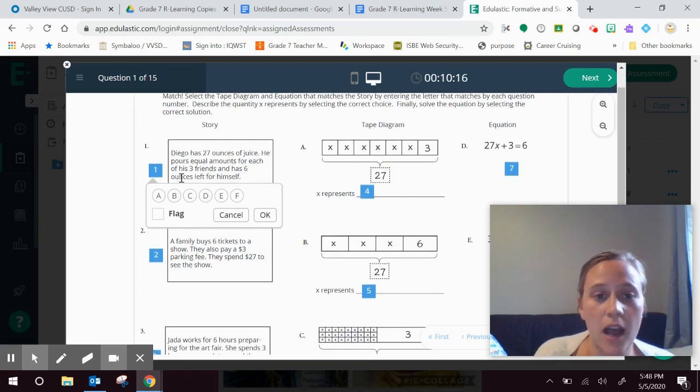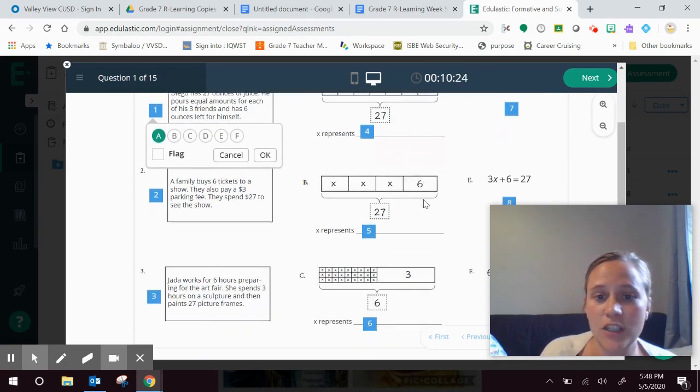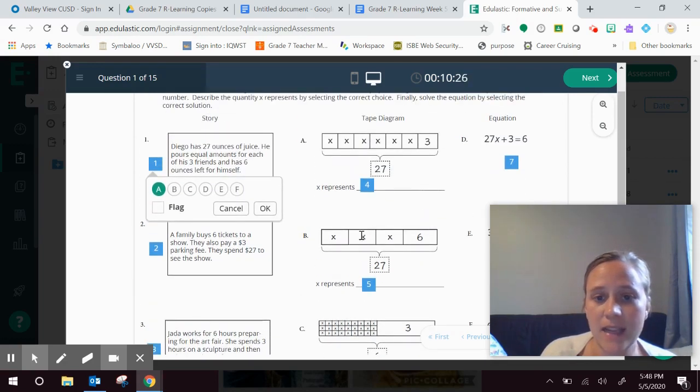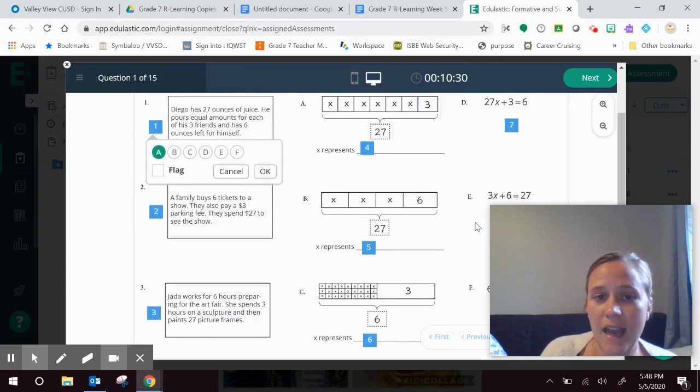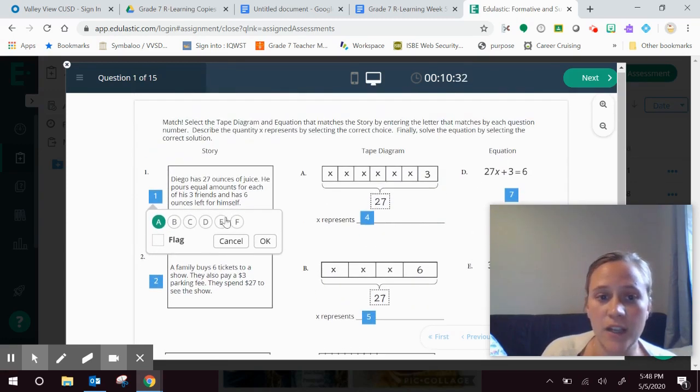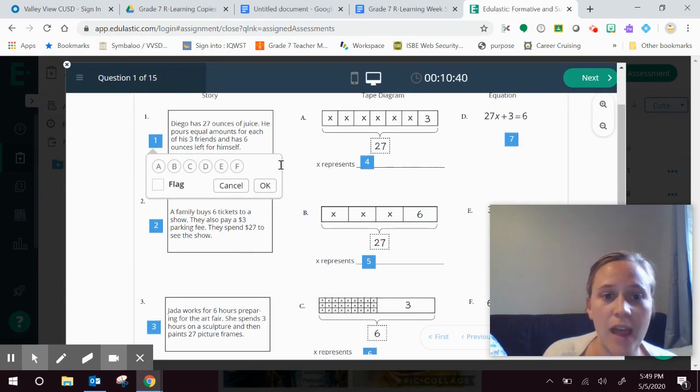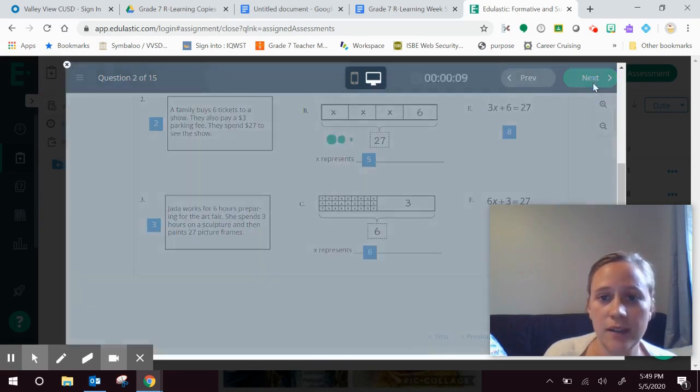For this one, you would pick which tape diagram and which equation. A, B, and C are all tape diagrams, and D, E, and F are all equations. So you would pick one from A, B, or C, and one from D, E, or F. You're going to do that for 1, 2, and 3.